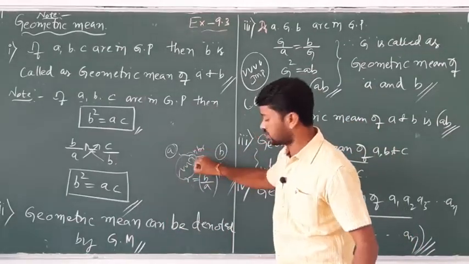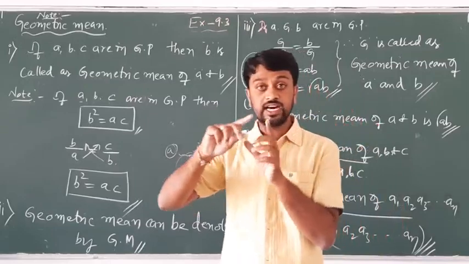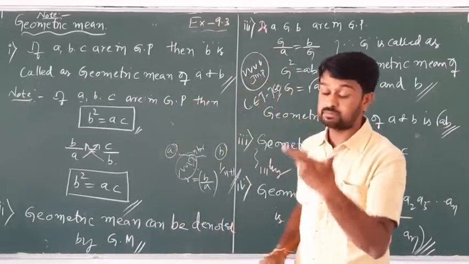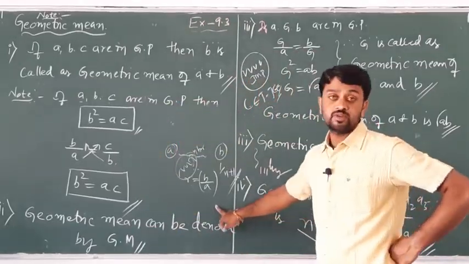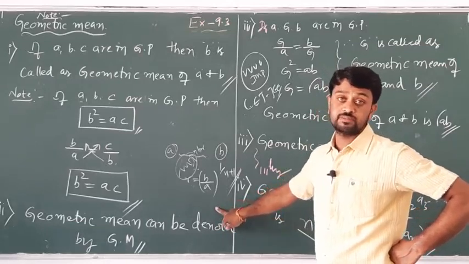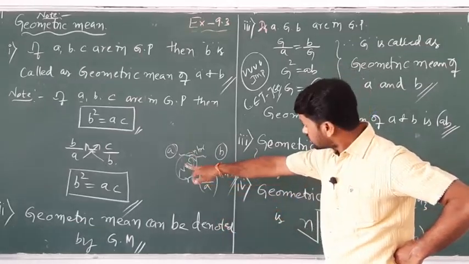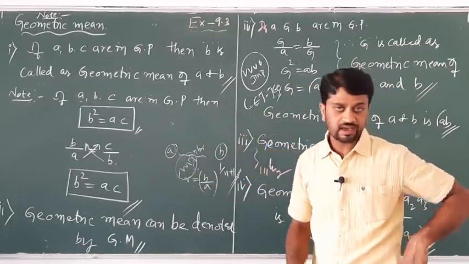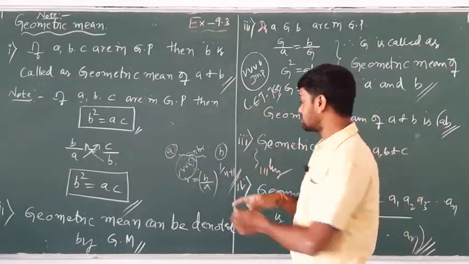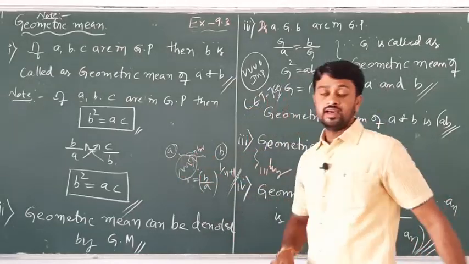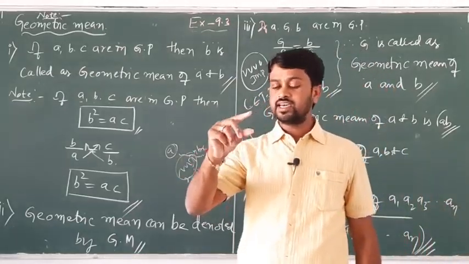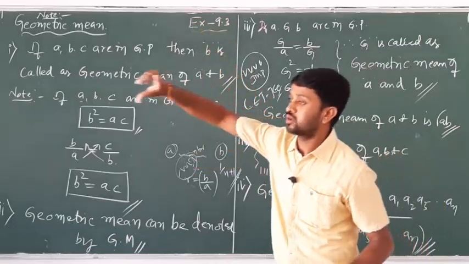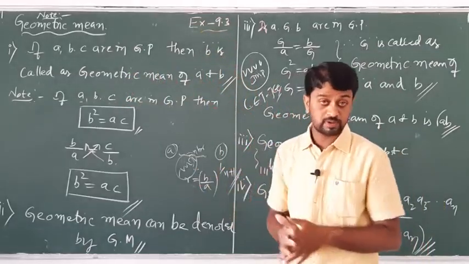In the previous session, for arithmetic progressions, if n arithmetic means A1, A2, A3 up to An are inserted between A and B, then the resulting sequence A, A1, A2, A3 up to An, B forms an arithmetic progression.